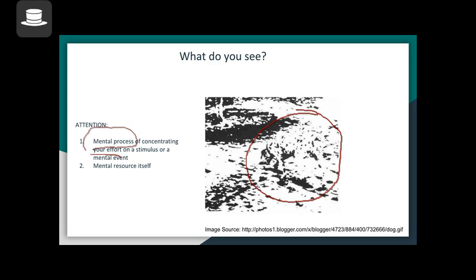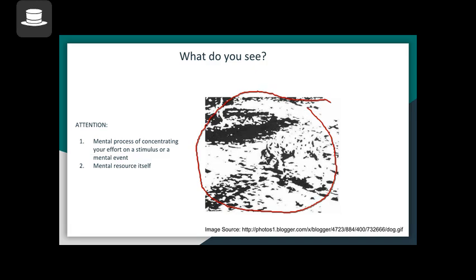So when you think about something, you are concentrating your effort on one object. Or if you're looking at an object and trying to identify what it is, you're concentrating your effort on that particular image. So that is attention. It's a process of focusing your effort on one thing.